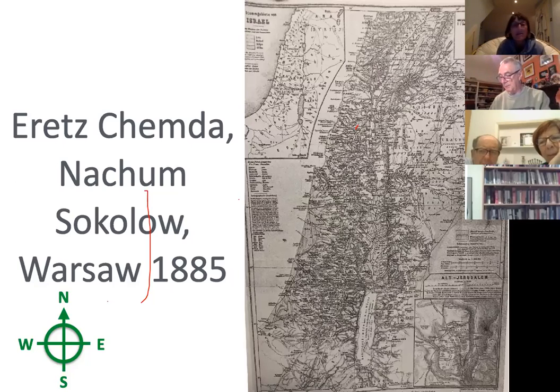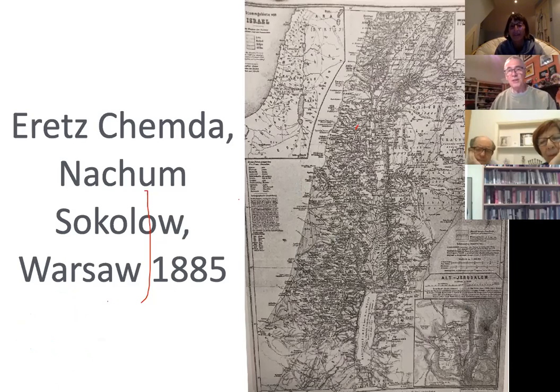But this apparently was produced to go alongside a descriptive journey log by a British government minister called Lawrence Oliphant, and Sokolov produced this map, which was published alongside his journal. And yes, it's north orientated.